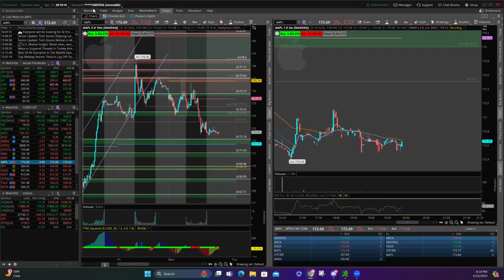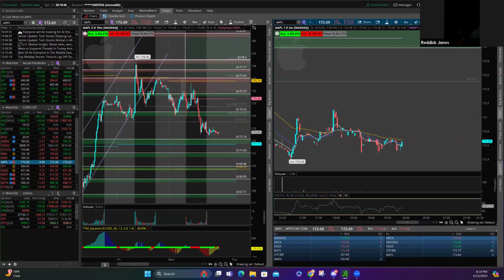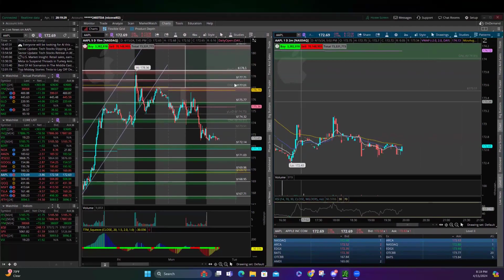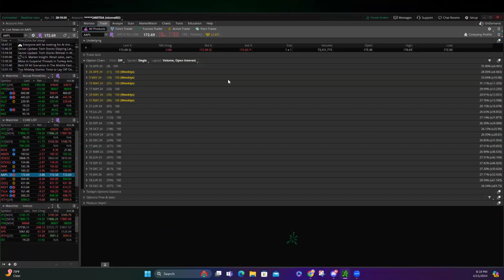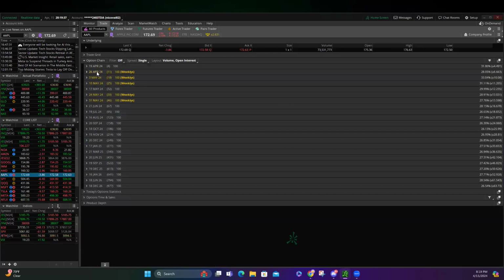We're gonna jump into, let's try to do this. There you go. So if you go to trade, I'm not aware that you can put an alarm on open interest or anything like that.